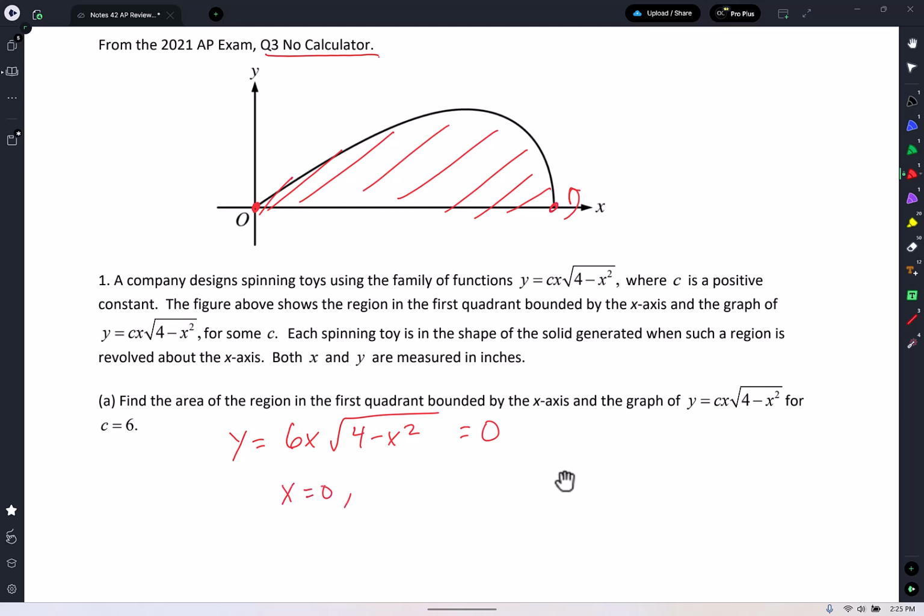And how do we calculate that 0? Not plus minus 2, just 2. You're not going to say negative 2 because I don't have anything over there.